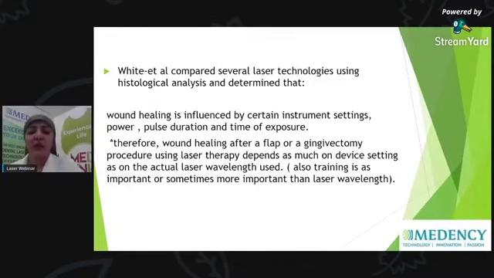Because we now agree that the diode laser is perfect: no bleeding, you can hemostase the tissue, wound healing is very good, you're not going to face any problem. But if you are not trained well, you cannot benefit from the laser. If I'm not trained well and there is a case in my clinic suffering from a fibroma, for example, fibroma is very white.